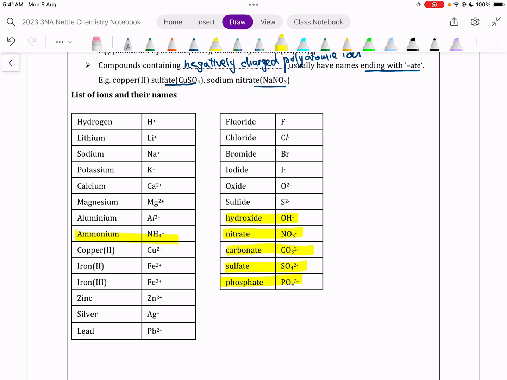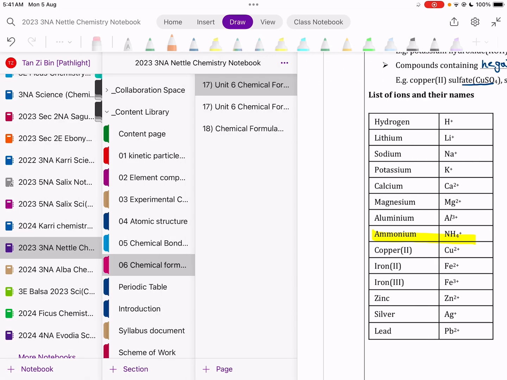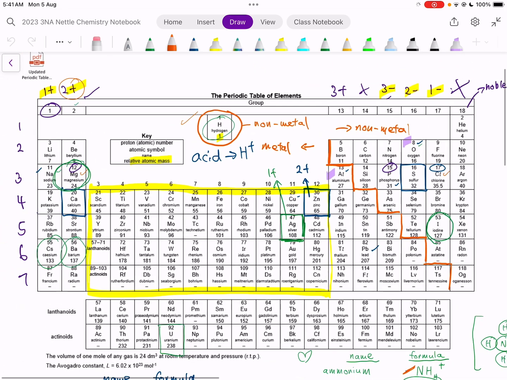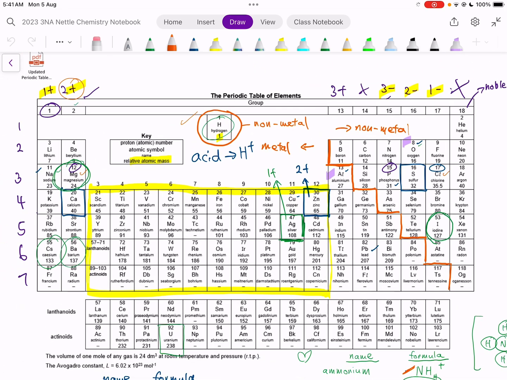Those are the few that are rather important, and you need to memorize them because they are not shown on your periodic table. There is a new copy of the periodic table on this particular set, so please jot down the charges.